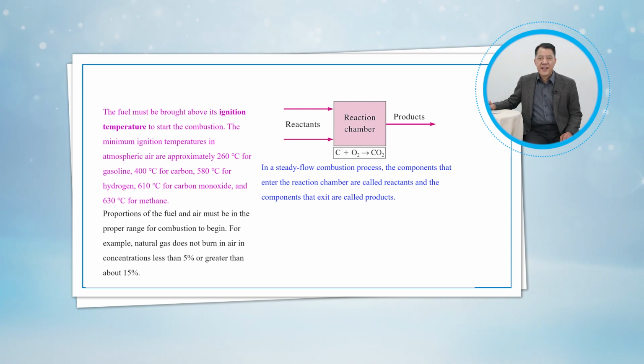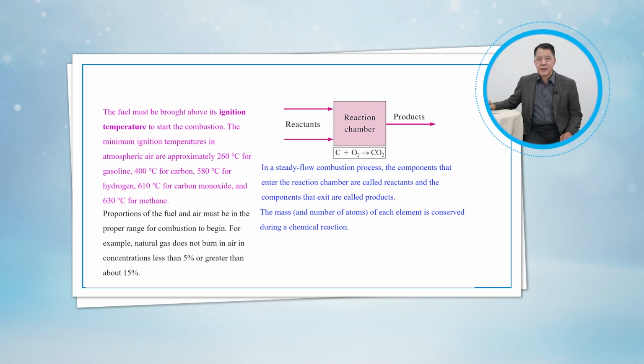Consider, for example, the combustion of 1 kilomole of carbon with 1 kilomole of pure oxygen, forming carbon dioxide. Chemical equations are balanced on the basis of the conservation of mass principle, which can be stated as follows.